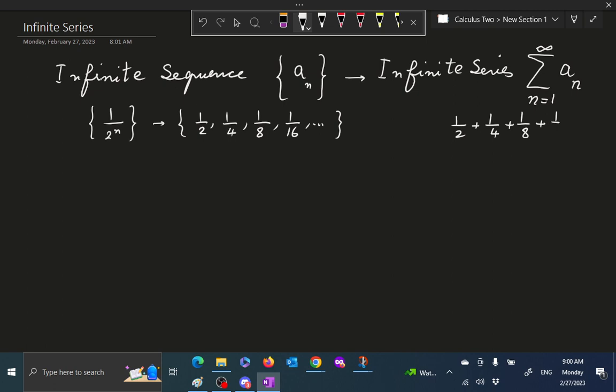Well, investigating meaning what? First of all, does it make sense? Does this sum add up to something specific? Or is it that it's not going to behave nicely? And the two cases are labeled as convergent and divergent, as we are going to see.